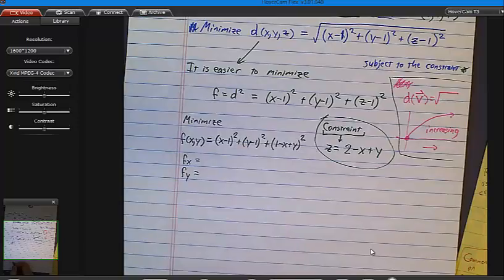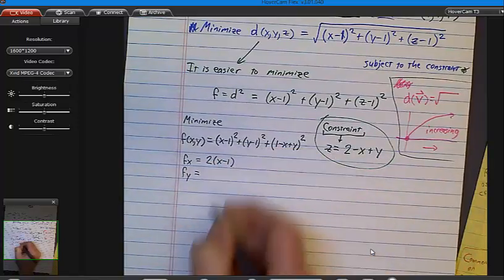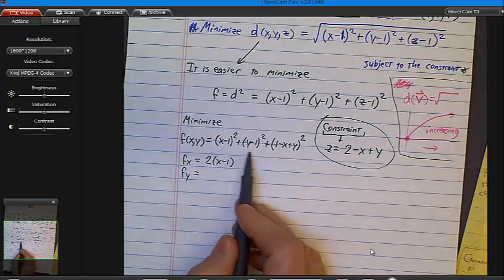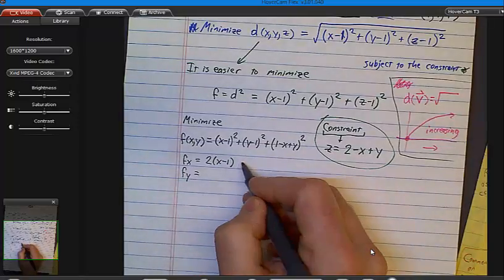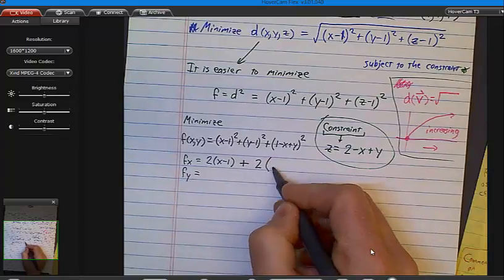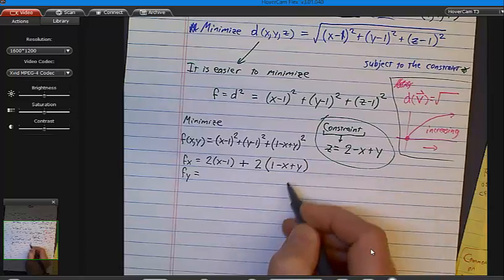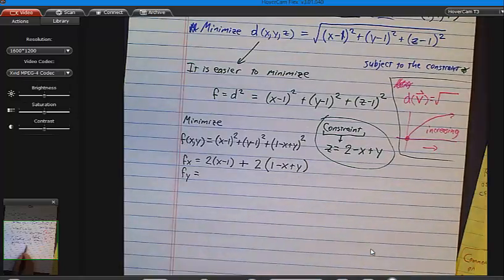The x partial, I get 2 times x minus 1 plus 0 plus 2 times 1 minus x plus y to the first power, times what? Negative 1.